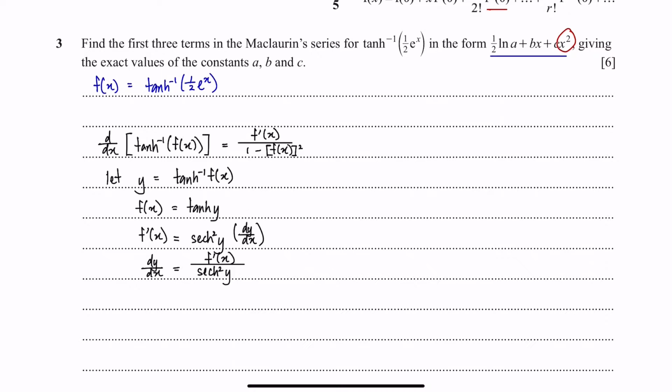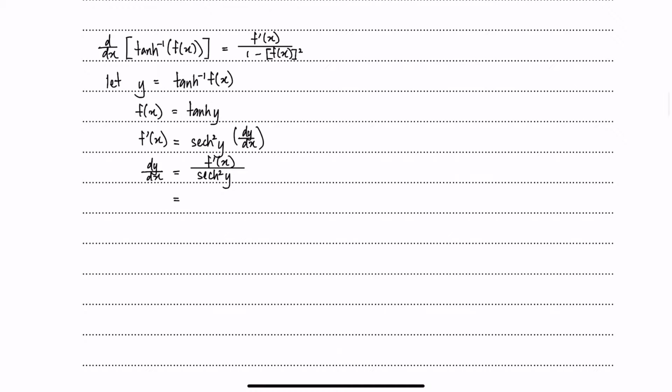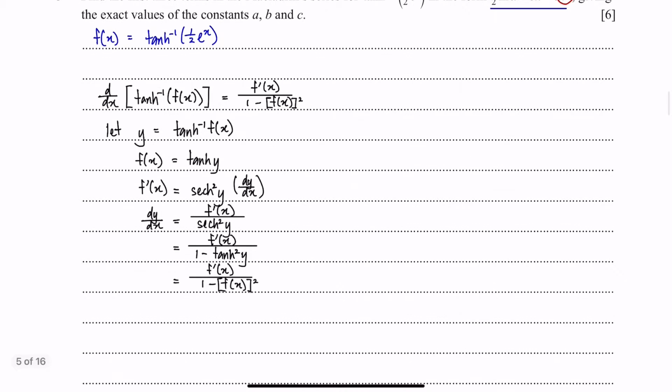So we can write this as f prime x over 1 plus tan square y. And now we know that tan y is actually f(x). So we can also write it as f prime x over 1 plus f(x) squared. Alright, so this is the proof. We'll put it aside.